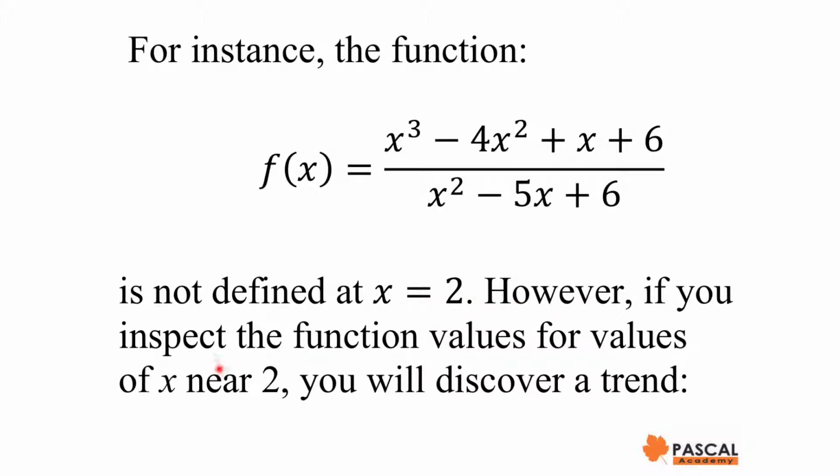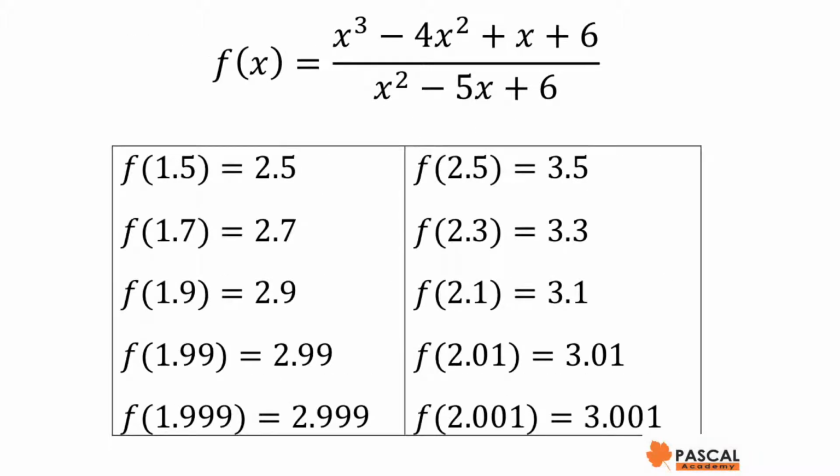However, if we inspect the function values for x near 2, we'll see the following trend. f of 1.5 is 2.5, f of 1.7 is 2.7, f of 1.9 is 2.9, and f of 1.99 is 2.99. That means when x is getting closer to 2 and it is smaller than 2, f of x is getting closer and closer to 3.